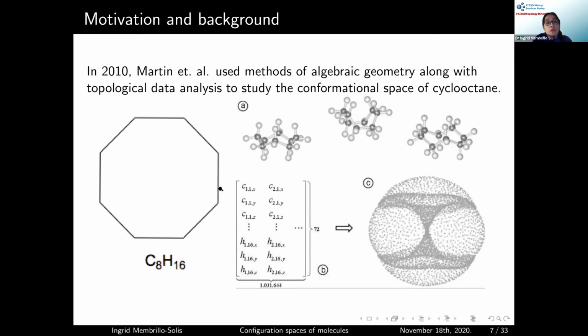Using TDA, or topological data analysis, he showed that the conformational space is described as a Klein bottle, which is inside this figure. The part inside this kind of sphere is a Klein bottle, and it intersects with a sphere in two circles.